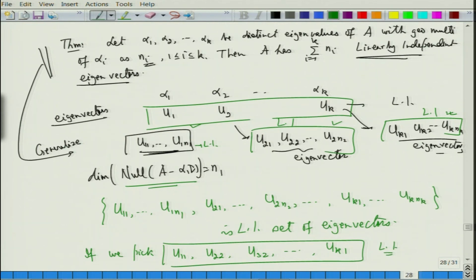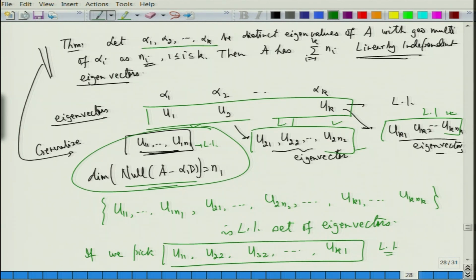They are eigenvectors, and since they are coming from distinct eigenvalues, they are linearly independent, and among themselves they are linearly independent because I chose them to be linearly independent, as there are n1 of them here, n2 here and nk here. Is that okay? So, you need to understand that if I have distinct eigenvalues, I can do things.